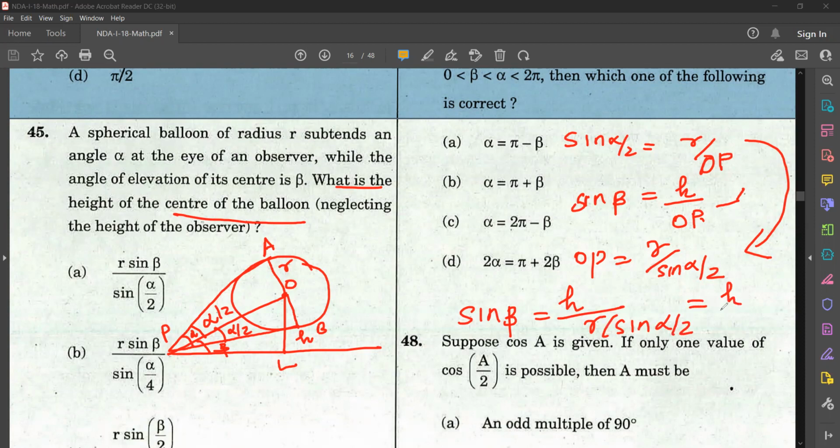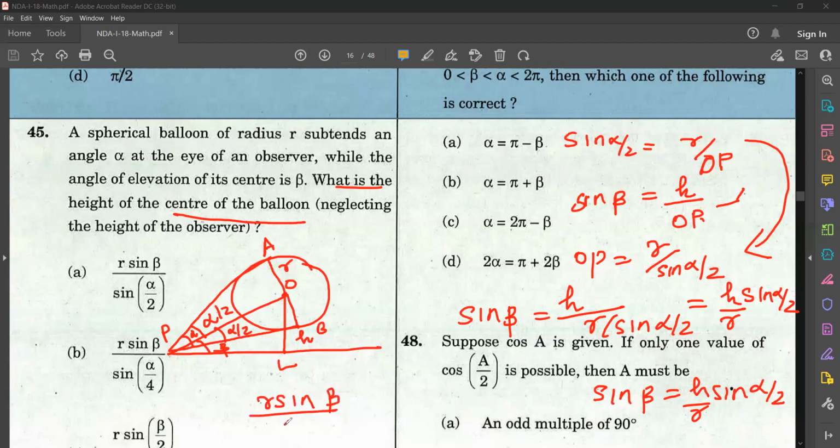So that will become H by R, and sine alpha by 2 will go to the top. So sine beta is equal to H sine alpha by 2 by R. We need height H, isn't it? So take this R to this side, and you'll get H is equal to R sine beta divided by sine alpha by 2.